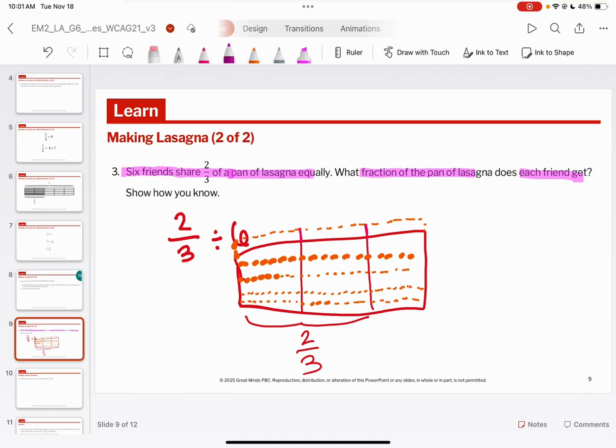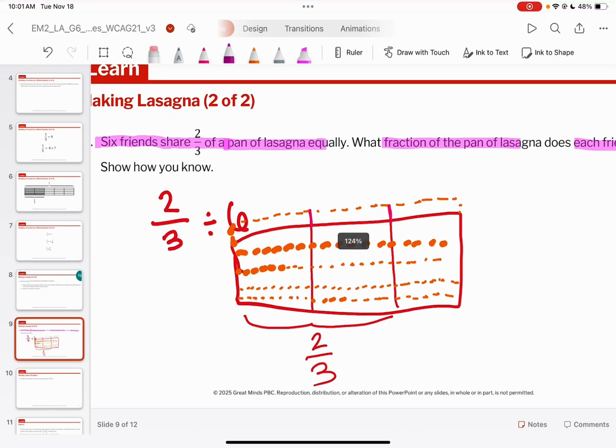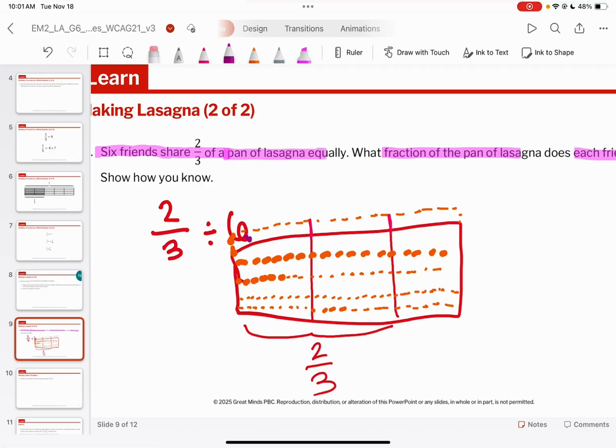2 out of 3. So technically, if this is 3, 1, 2, 3, I'm only shading 2 little boxes, because that represents 2 out of 3. So each friend gets 2 little boxes out of, I no longer have 3 total. I have how many boxes total?